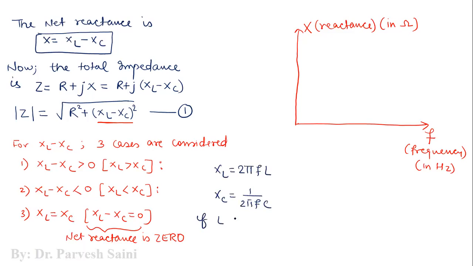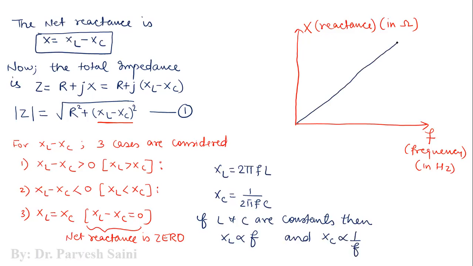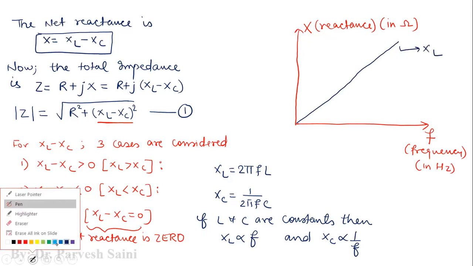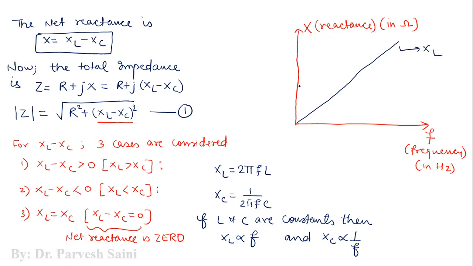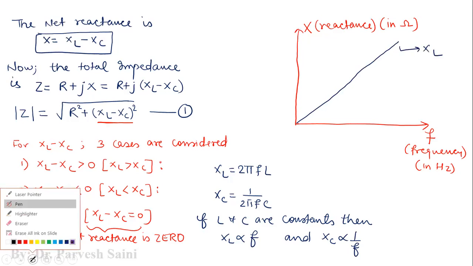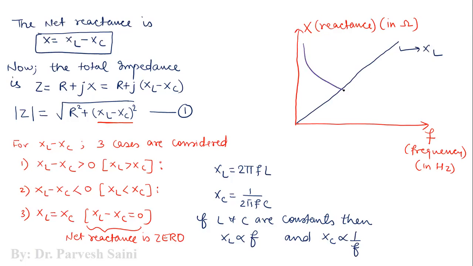If L and C are constants, then XL is directly proportional to F and XC is inversely proportional to F. So let us draw these two cases. So this is your XL, and then let us take XC. So XC would be something like this.